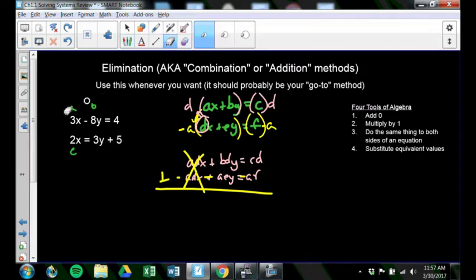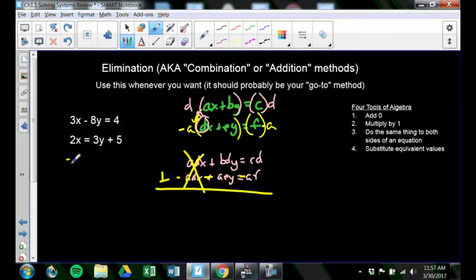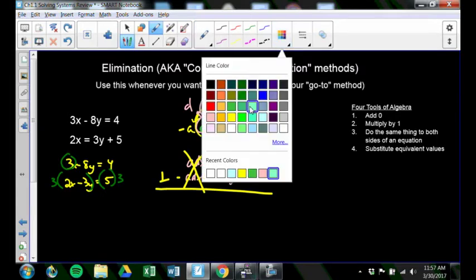So I'll show that now with the first example that I had. Remember, in the first example, I had to move a term over originally. So I wrote this as 3x minus 8y equals 4, and 2x minus 3y equals 5. Well, this is exactly what I did. I took this 3 and multiplied it here, and I took the 2, and I'll pick a different color here.